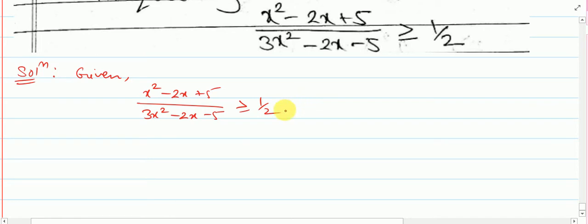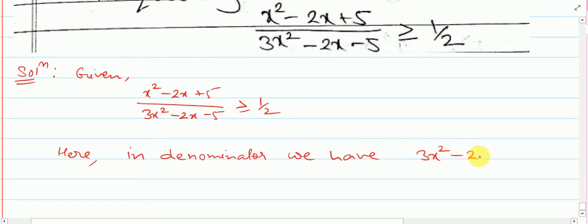So firstly, here in the denominator we have 3x square minus 2x minus 5, where a is equal to 3, b is equal to minus 2 and c is equal to minus 5.